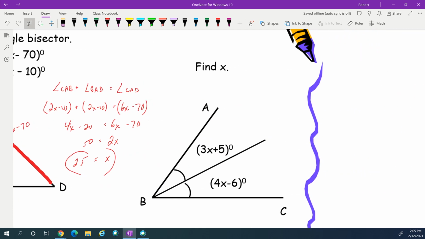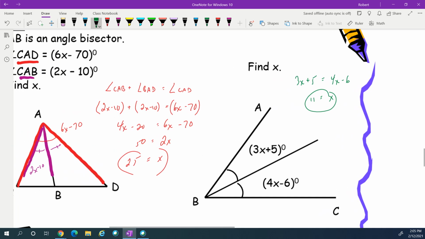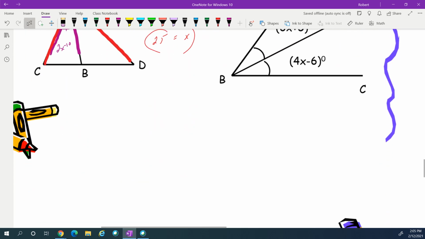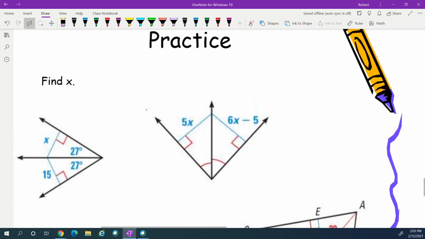In our next example, we're actually given the two small angles. We're just going to set them equal to each other. We know the big angle was bisected, which means the two smaller angles are congruent to each other. And x equals 11. So the idea of an angle bisector has not changed.